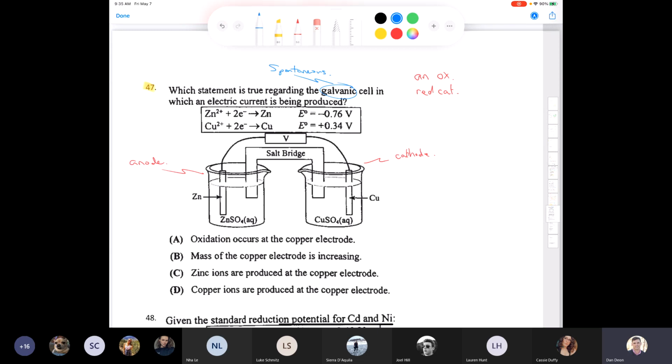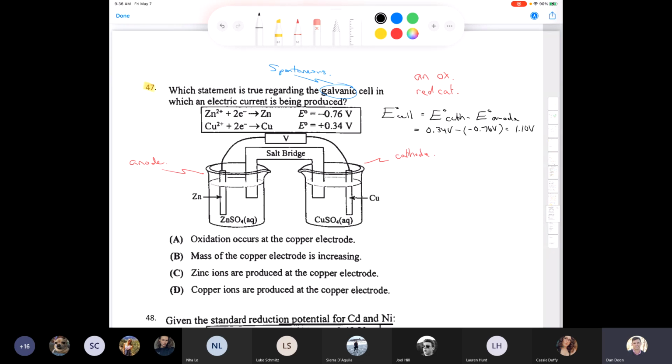Well, if this is a spontaneous reaction, we know that E cell for our reaction is equal to the standard cell potential of the cathode, subtract the standard cell potential of the anode. So we have E cathode minus E anode, so we would have 0.34 volts, subtract negative 0.76 volts, which of course gives us a spontaneous reaction, 1.10 volts.